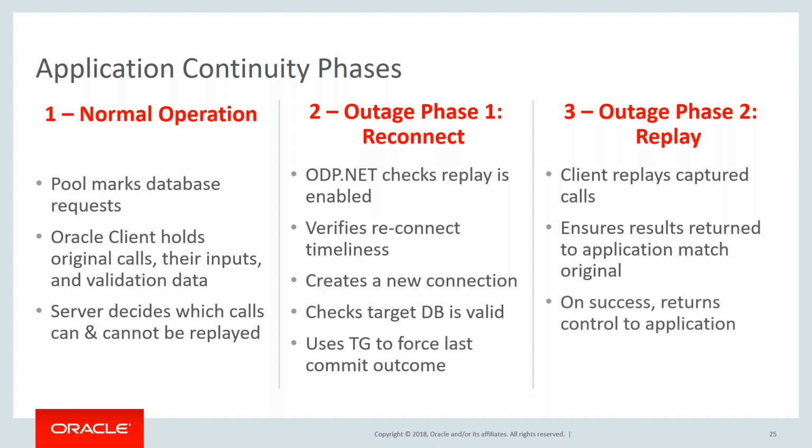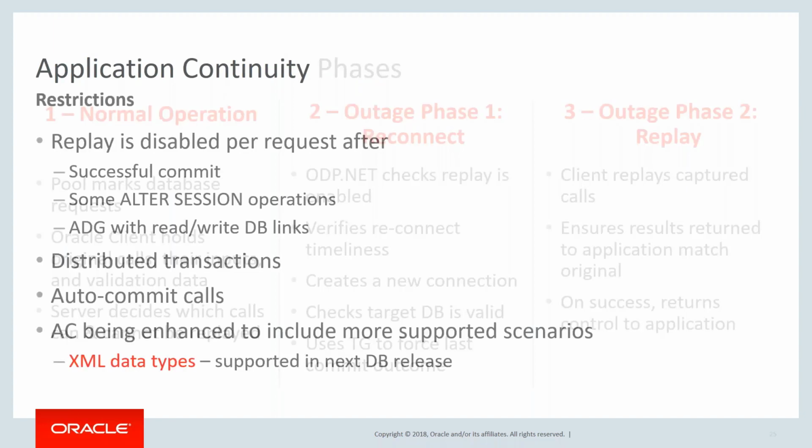That ensures that everything's in sync between the client and the server. And then if everything is successful, AC is done. It returns control back to the application and to the user. So that's in a nutshell how AC works during a failure and reconnect and replay.